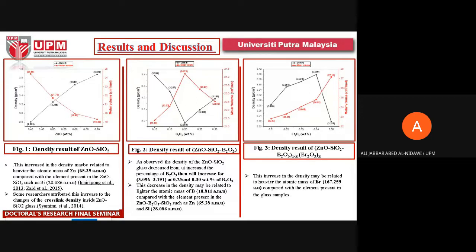The decrease may be related to the lighter atomic mass of boron compared with the elements present in the zinc borosilicate, such as zinc and silica.